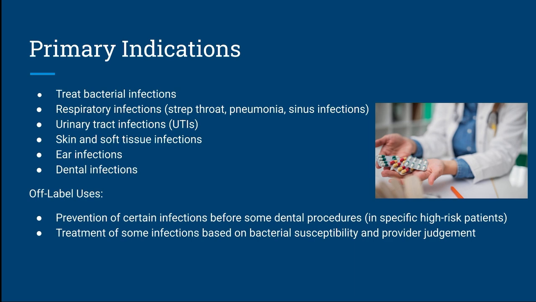For example, certain antibiotics may be given before dental procedures to help prevent infections in high-risk patients. They may also be used to treat infections when testing shows that the bacteria are susceptible to that antibiotic. Off-label use just depends on the patient's condition and overall the healthcare provider's clinical judgment.